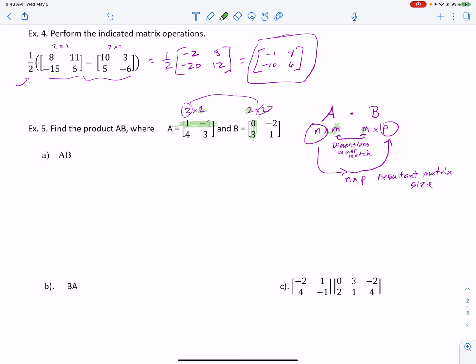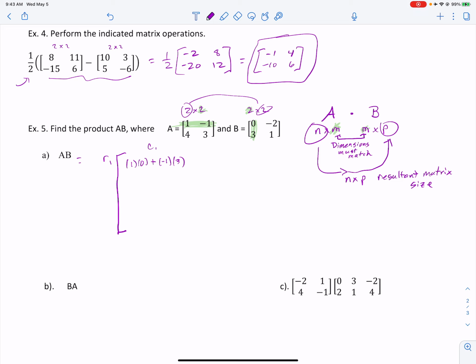We're going to multiply corresponding elements. So as I go through this, I've got row 1 here times column 1 of the second matrix. So I have 1 times 0 plus a -1 times 3.